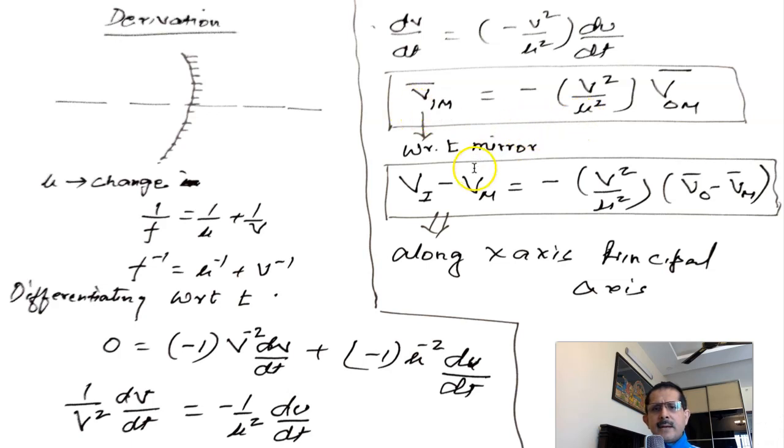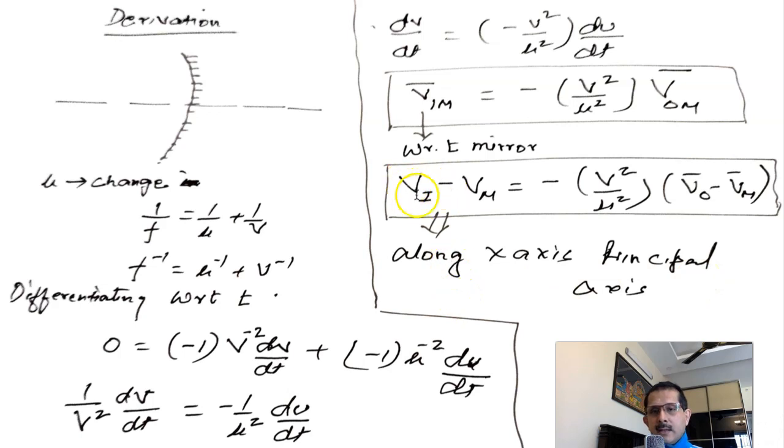Now I am getting it, this can be written as per the simple law of vector. I can say this is nothing but vi minus vm, or minus v square by u square is equal to vo minus vm. Remember, it is along x-axis, principal axis.